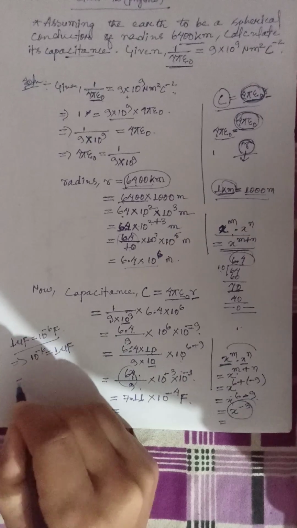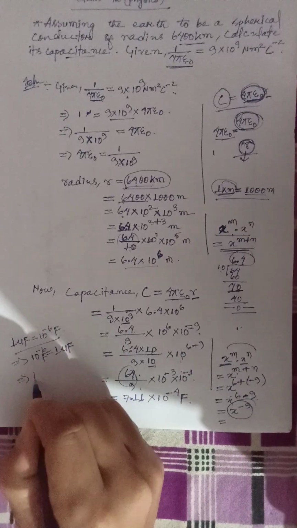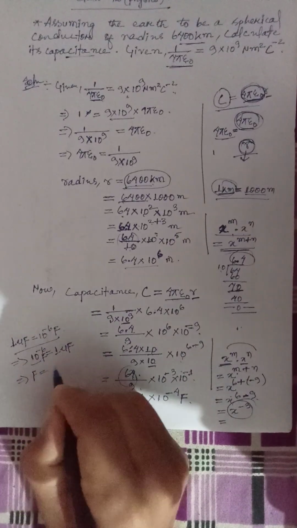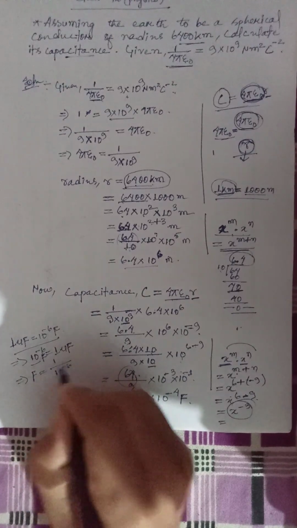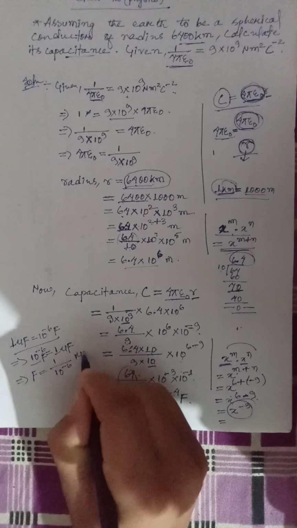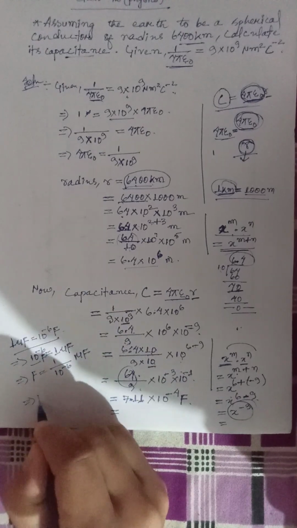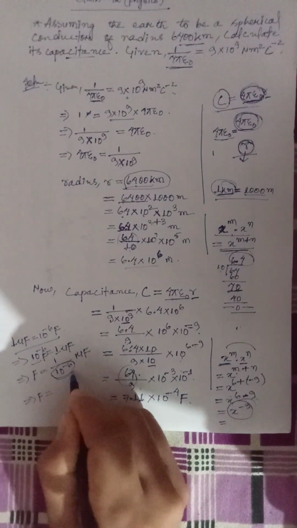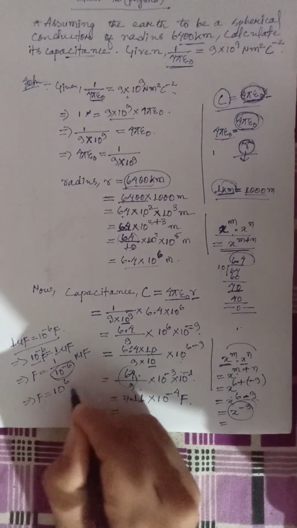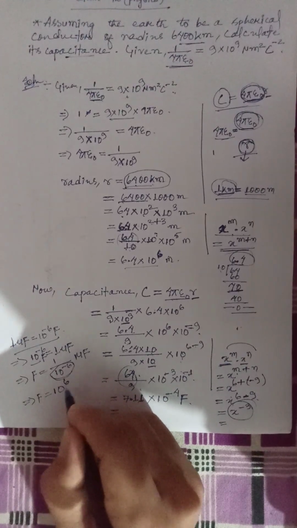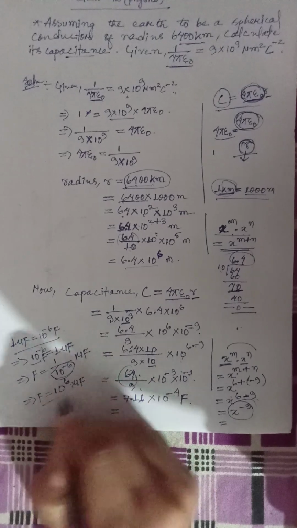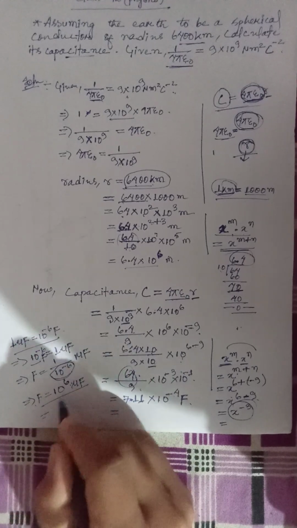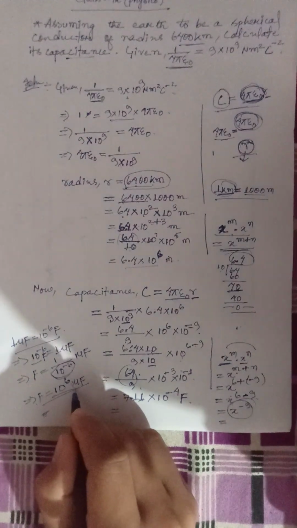Just keep this farad itself, then move this 10 to the power minus 6 to the other side. Then it will become 1 by 10 to the power minus 6 microfarad. If you bring it upside, then it will become positive, that is 10 to the power 6. So 1 farad is equal to 10 to the power 6 microfarad, right?